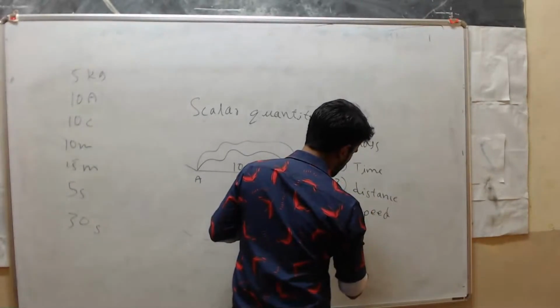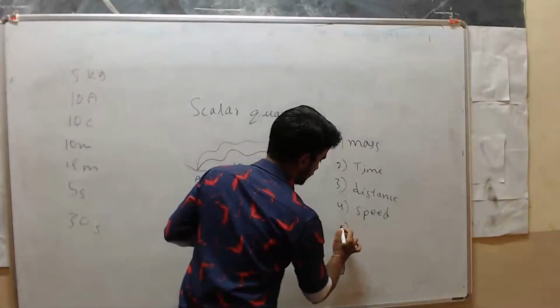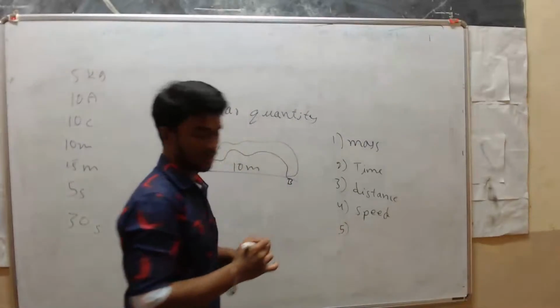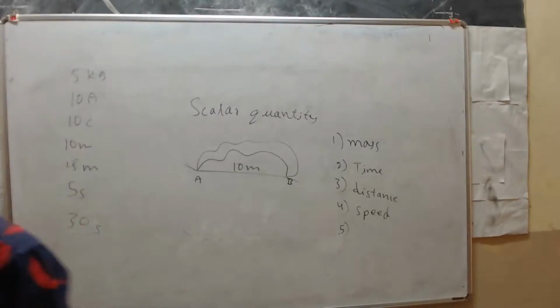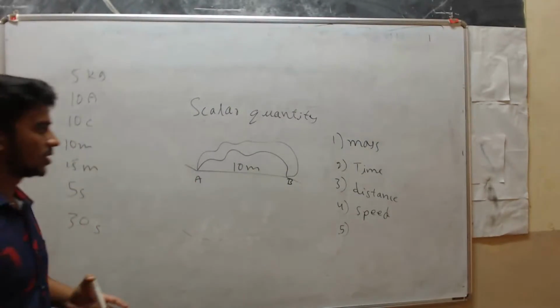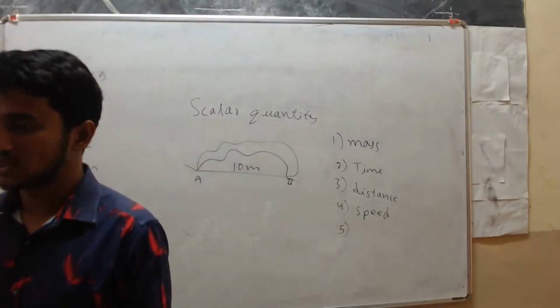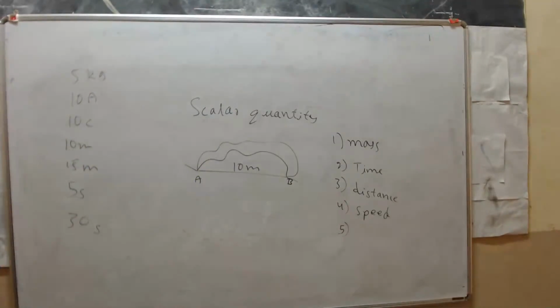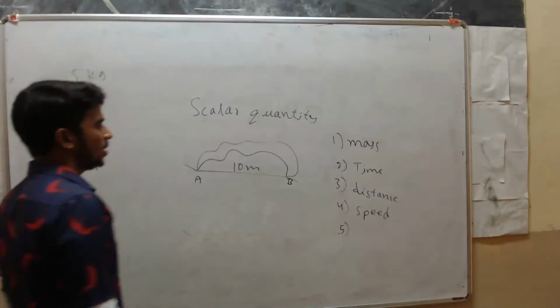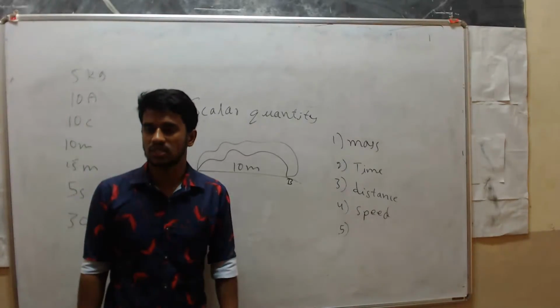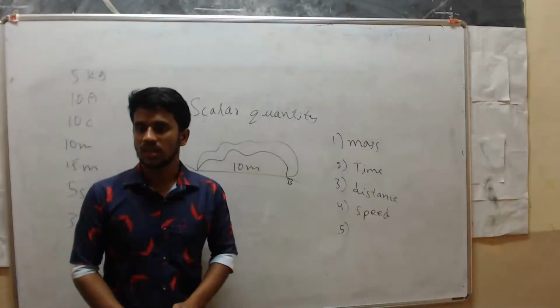So now give other examples. Distance, speed, and other examples for scalar quantity. See, some physical quantities, if they have only magnitude and no direction, then we call those scalar quantities.